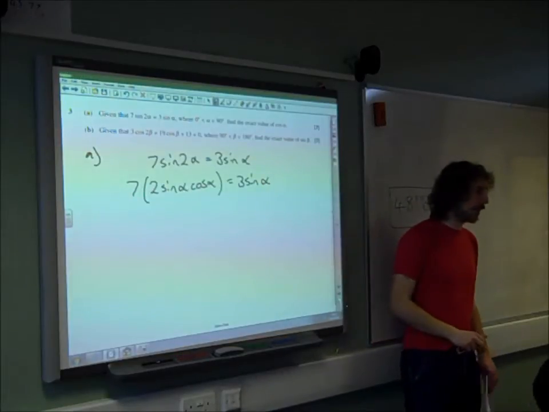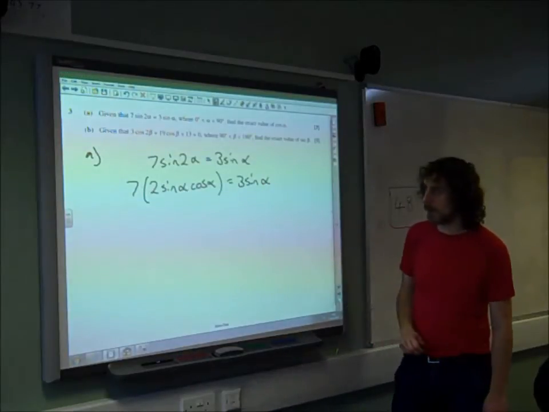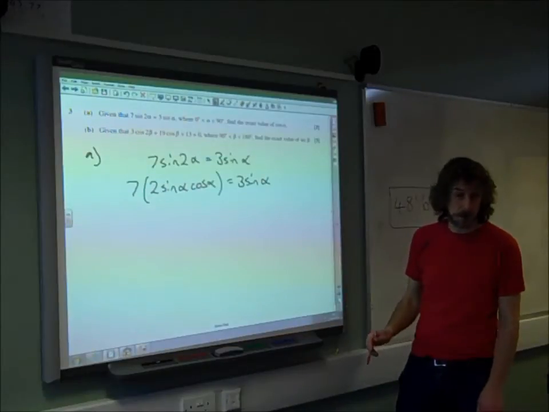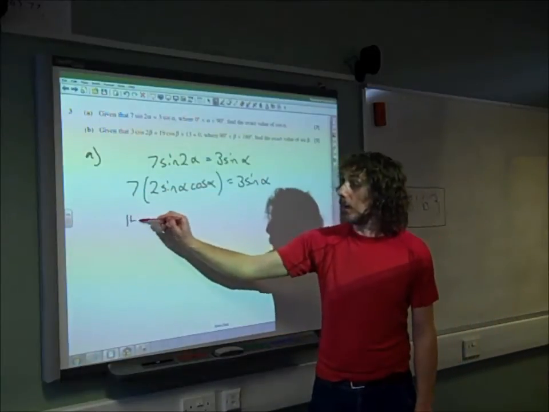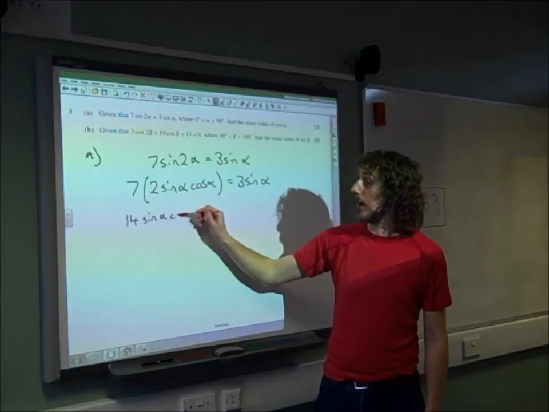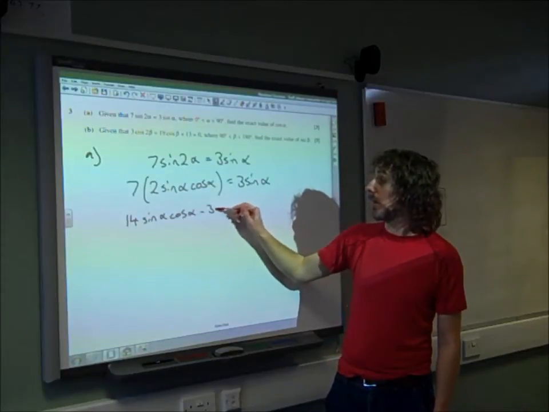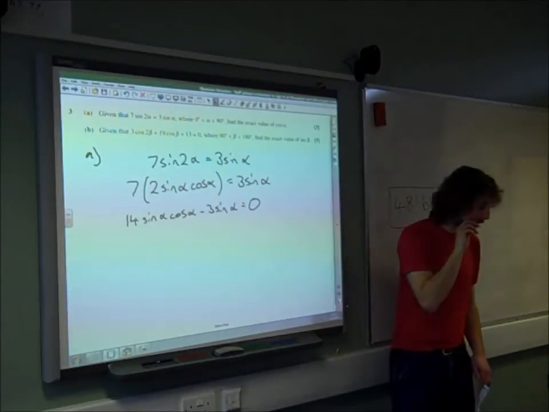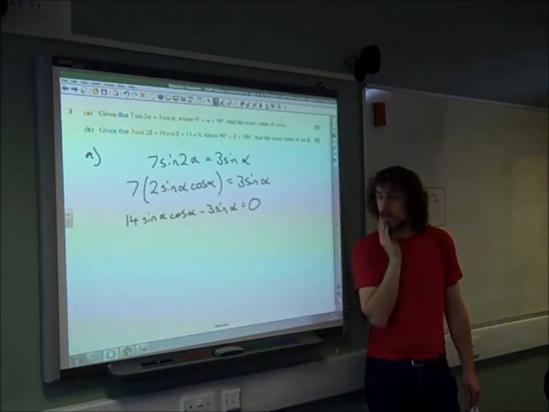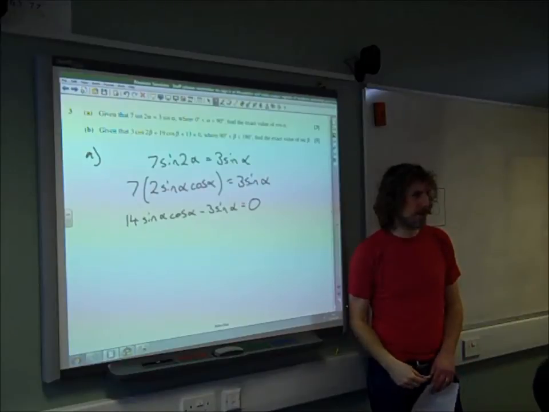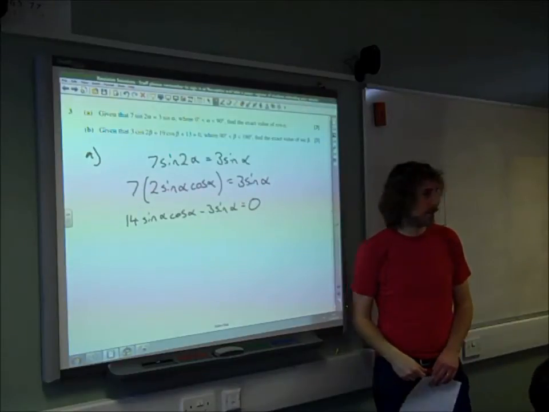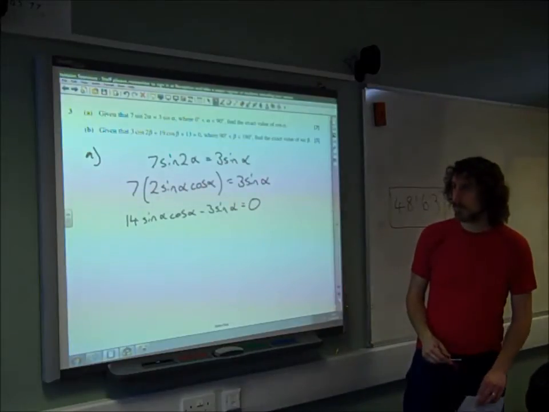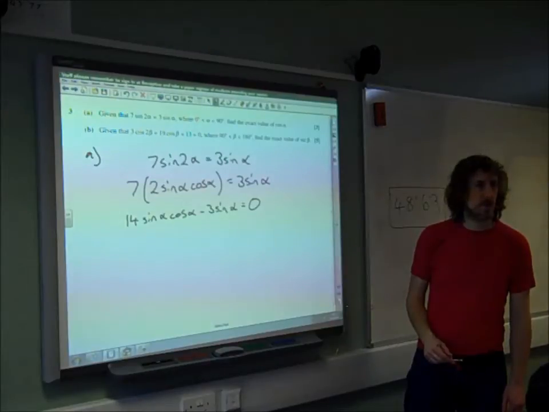So we've got that. Now we're used to equations all being on the same side, so let's take everything over to the left hand side and say we've got 14 sine alpha cos alpha minus 3 sine alpha is 0. And what we're going to do next with this? Take sine alpha out.